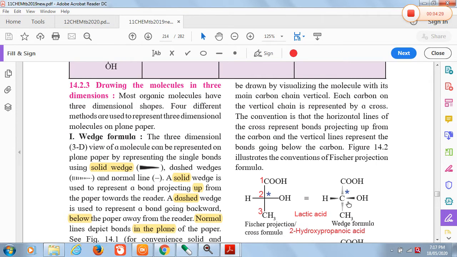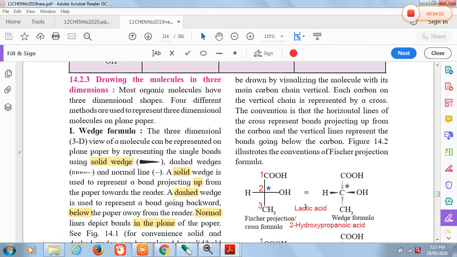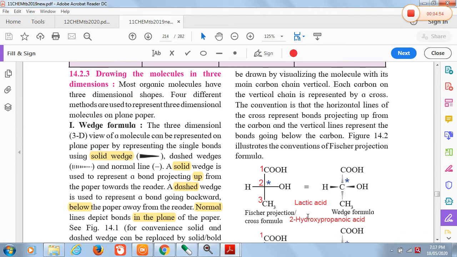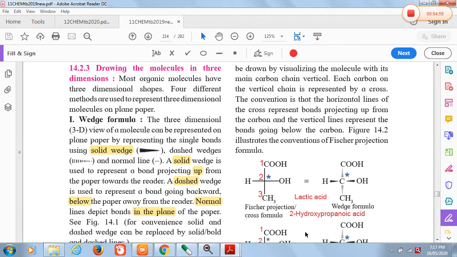And vertical lines, meaning COOH and CH3 groups, represent bond going below the carbon. So they are shown in wedge formula with dash wedge. So you can write your Fischer projection and wedge formula of the same compound. So these are the sign conventions while writing this formula. This compound is lactic acid.